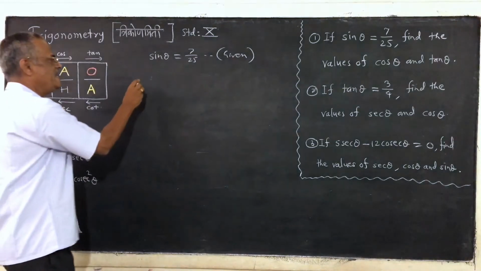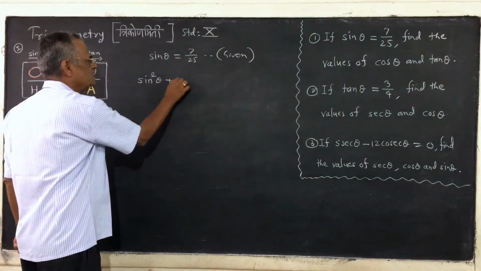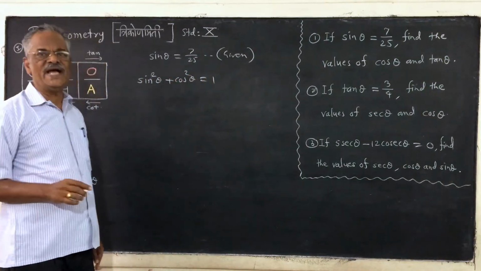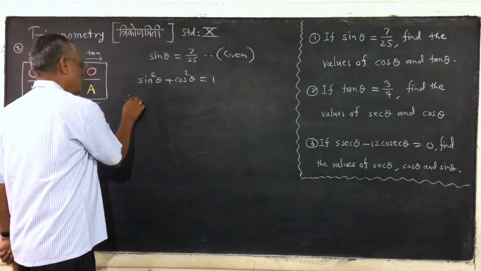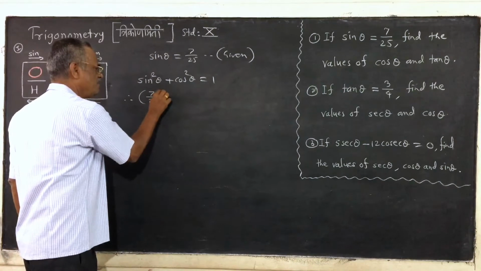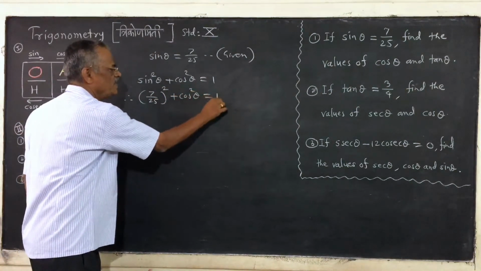So use that identity. By using the identity, substitute the value of sin theta. What is that? (7/25) whole square plus cos square theta is equal to 1.